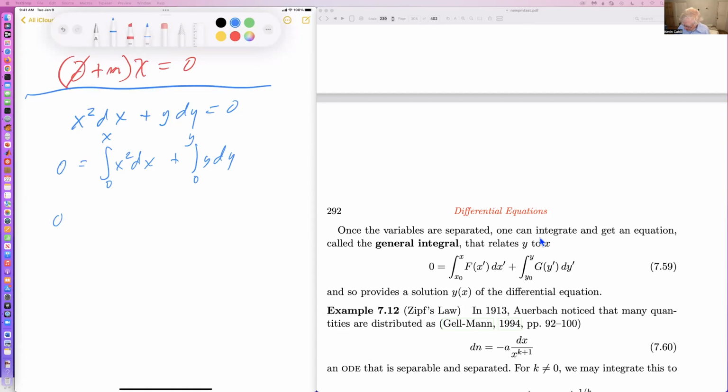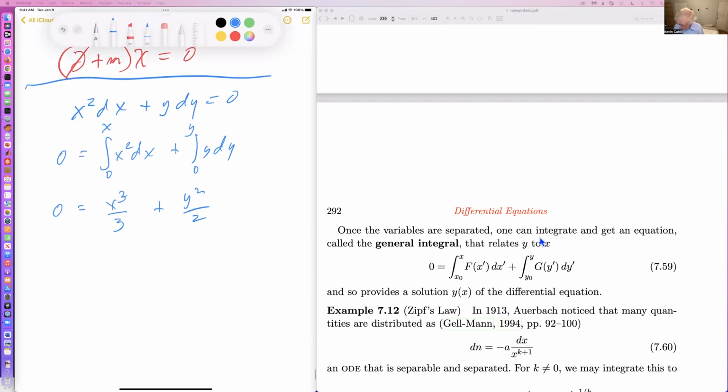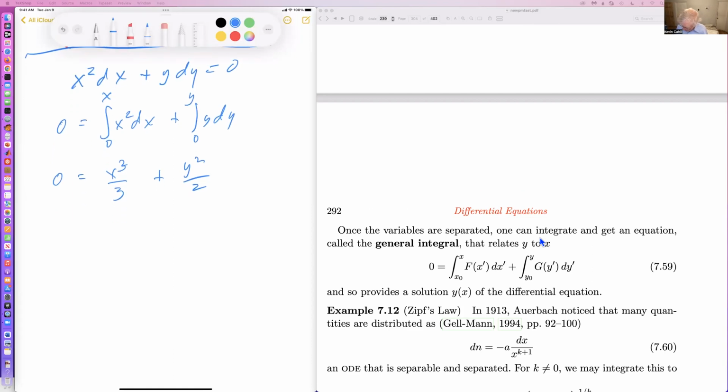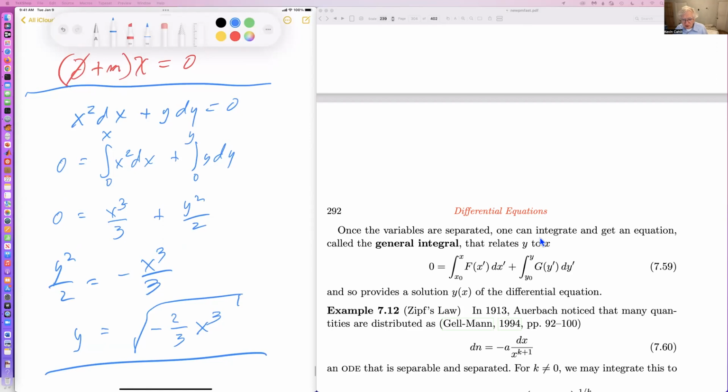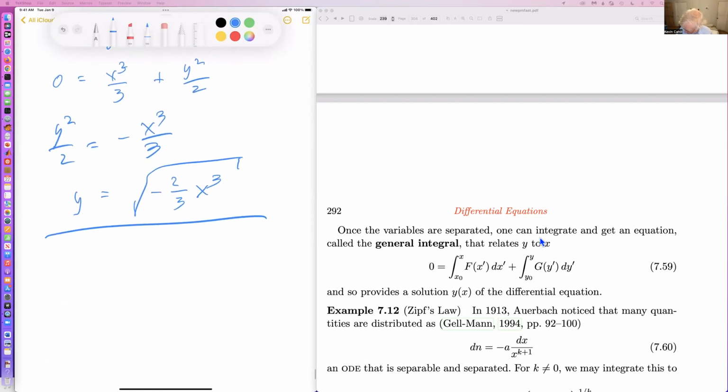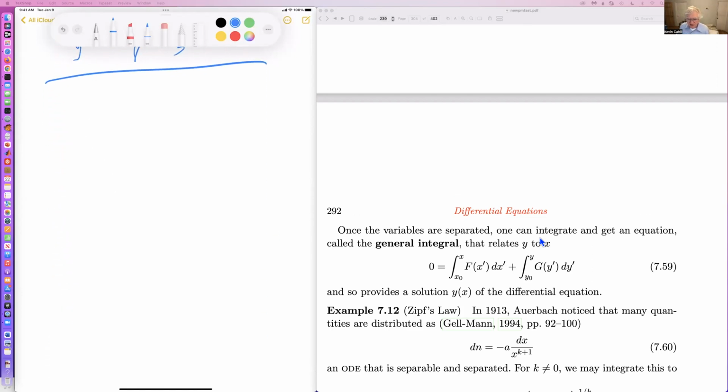So this will be 0 equal to x cubed over 3 plus y squared over 2. This tells us that y squared over 2 is equal to minus x cubed over 3, or y is equal to the square root of minus 2/3 x cubed. So that's our sort of weird solution to a problem that I just invented there on the fly.